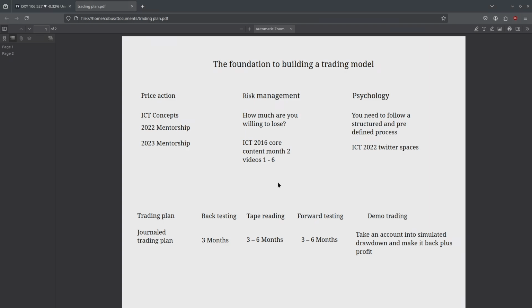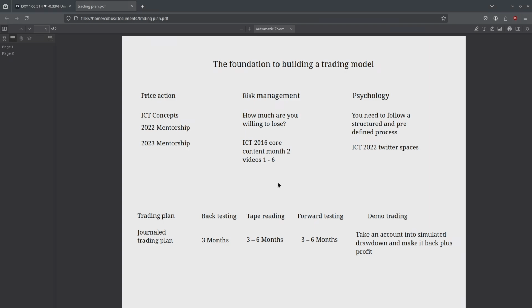If it does play out, you journal that setup, and any setups that you've missed during that week or that you did not see, you go back and you take screenshots of those and you put them in your journal.